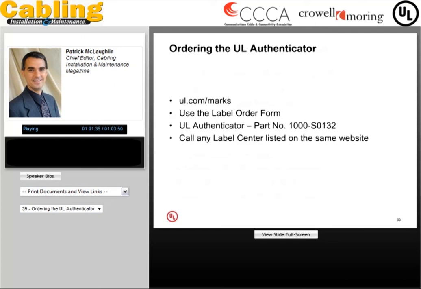You click on that, and once the form is up, the part number for that authenticator is the number that is on the screen. It's 1000-S0132. There should also be label centers phone numbers there. As an option, you can call one of those label centers, and they'd be glad to provide you with the authenticators.